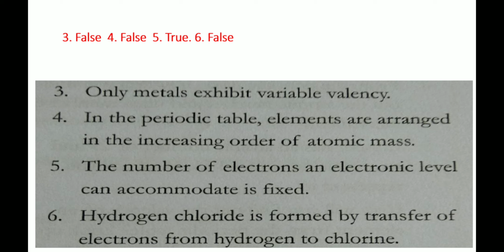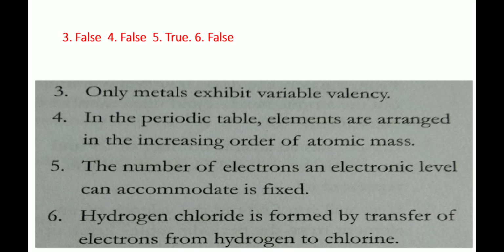Now the fourth one, in the periodic table, elements are arranged in the increasing order of their atomic mass. This statement is false. The correct statement is in the periodic table, the elements are arranged in the increasing order of their atomic number. Now the fifth one, the number of electrons an electronic level can accommodate is fixed.